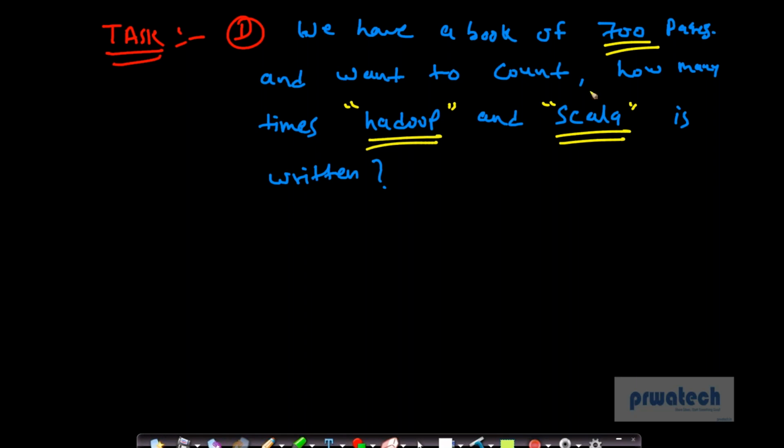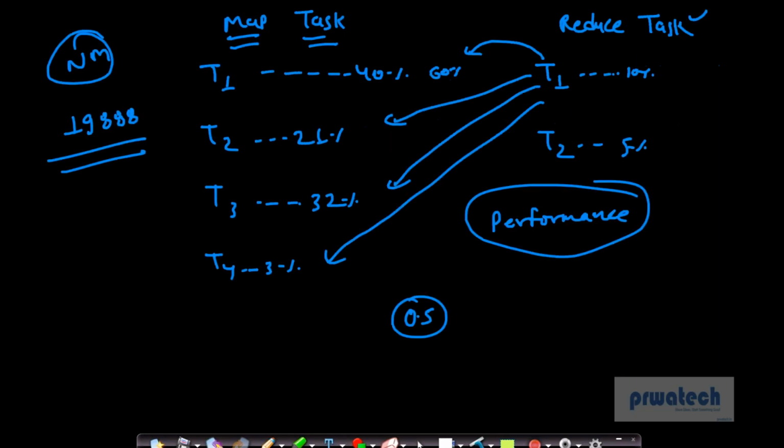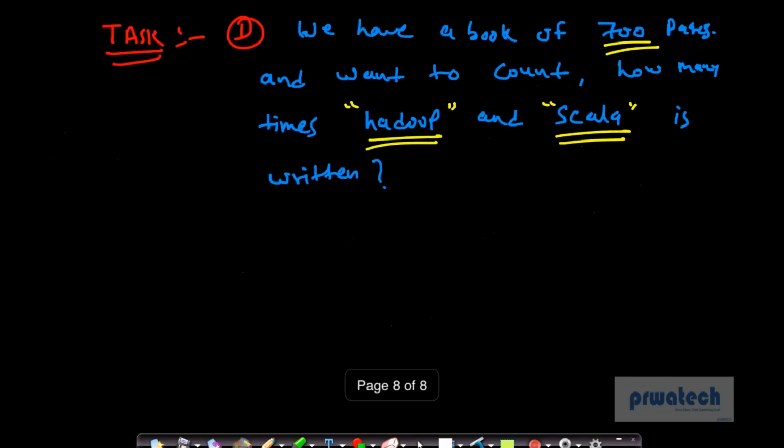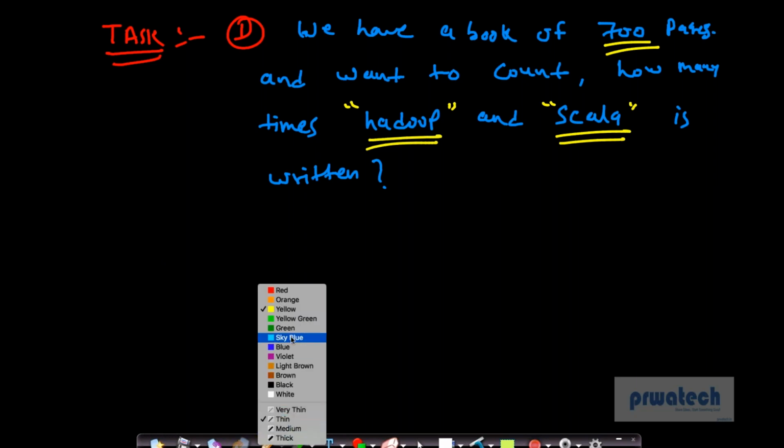So I don't want to use MapReduce first. I want to build my analogy, I want to build my concept first. Then I'll start following this process, input split and all. Since we have currently 7 people here, the problem is this. Currently I'm not distributing among you guys.